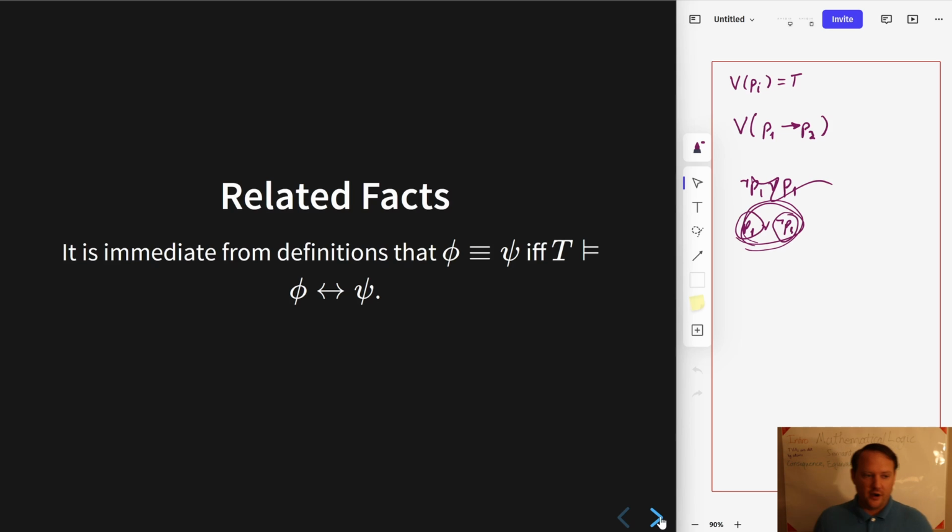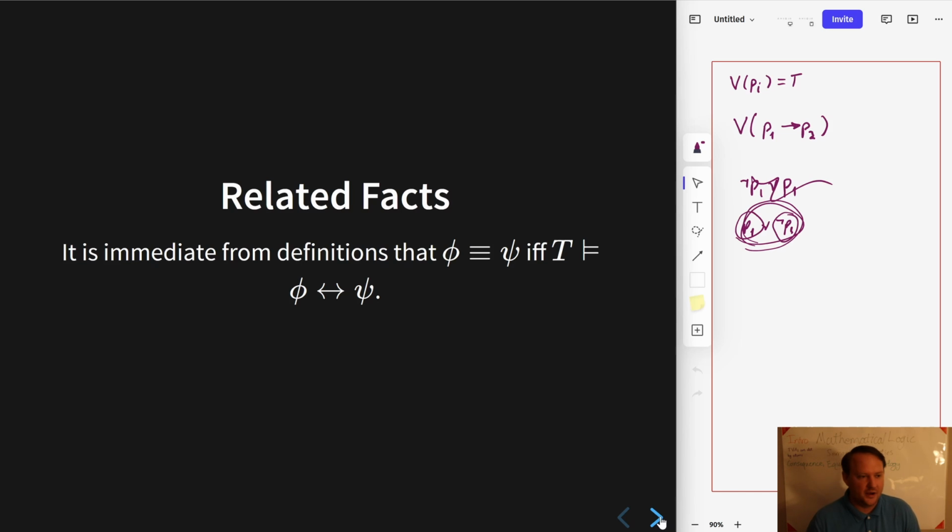So the left-hand side, phi equivalent to psi, is a statement in the semantic language, and this other thing uses the formal language of the biconditional. We're also saying that it's a tautology, and that's a semantic concept.